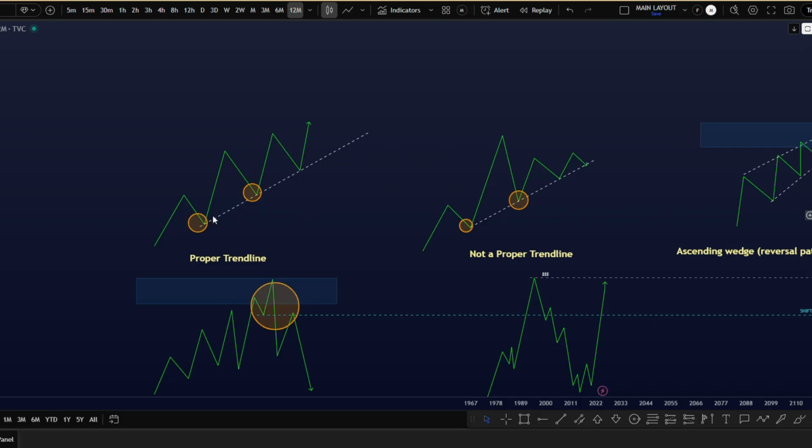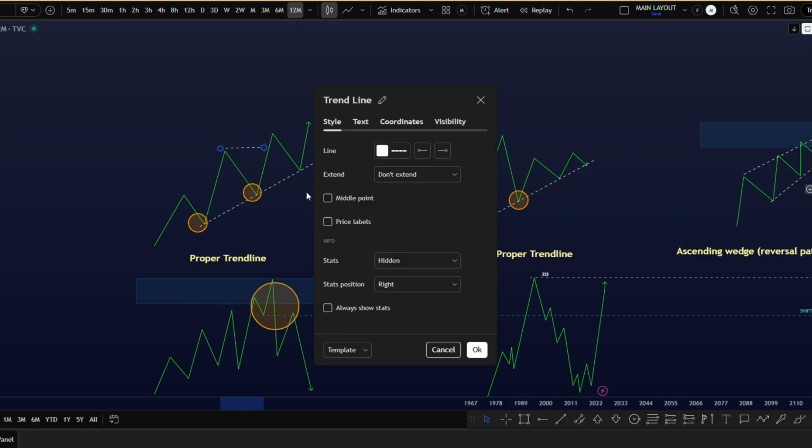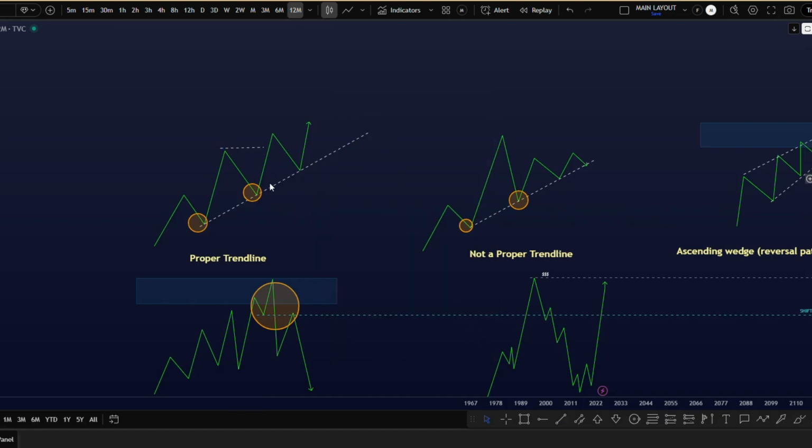I like to have a trend line with two touch points minimum and a break of structure. You can see, and a break of structure for me to be able to draw this proper trend line.